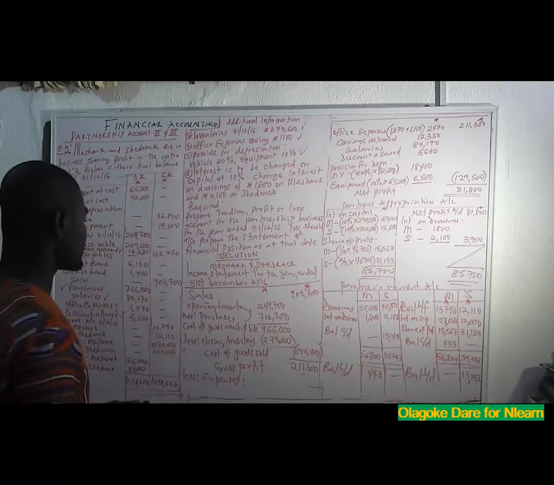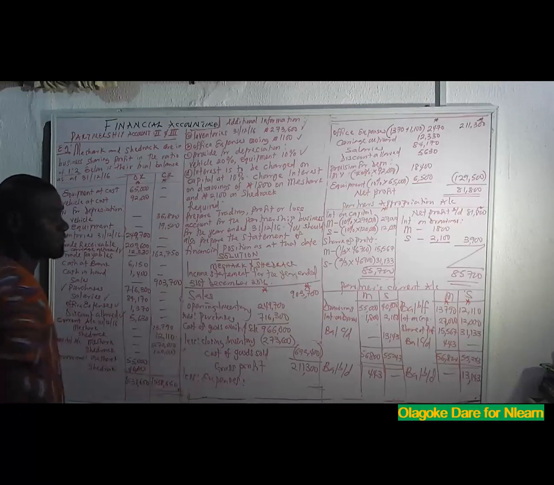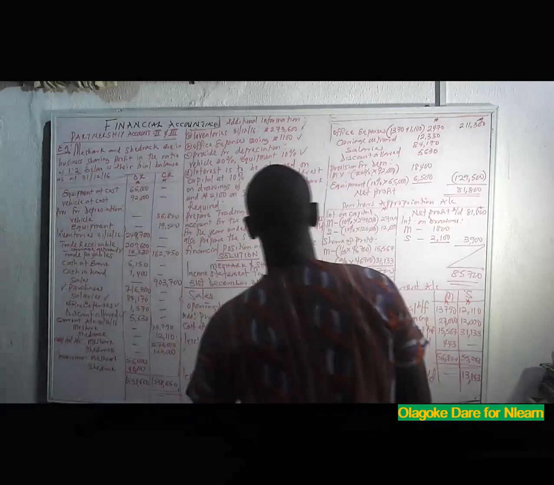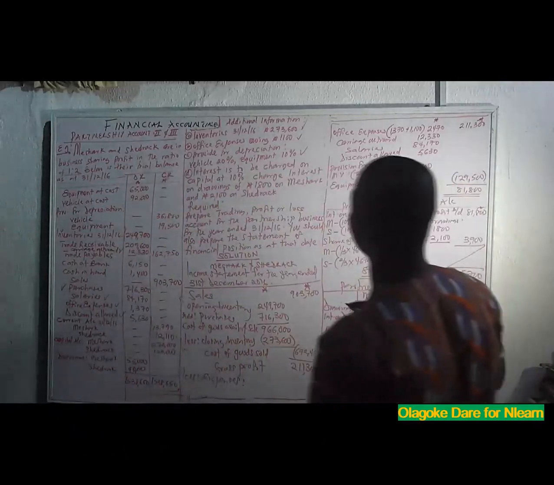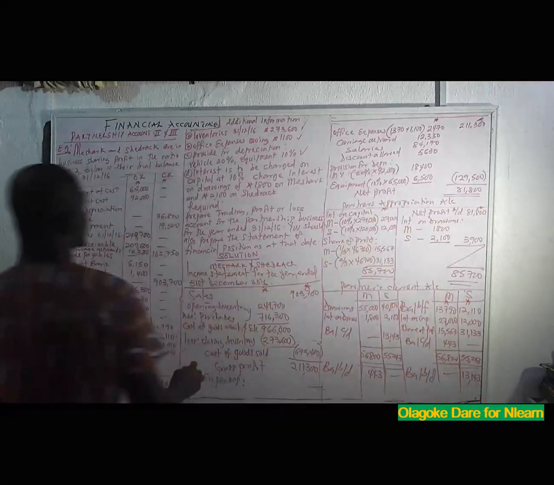All right. So what are the items I need in my statement of financial position? Now, for my statement of financial position, I need my closing inventory, which I have here.